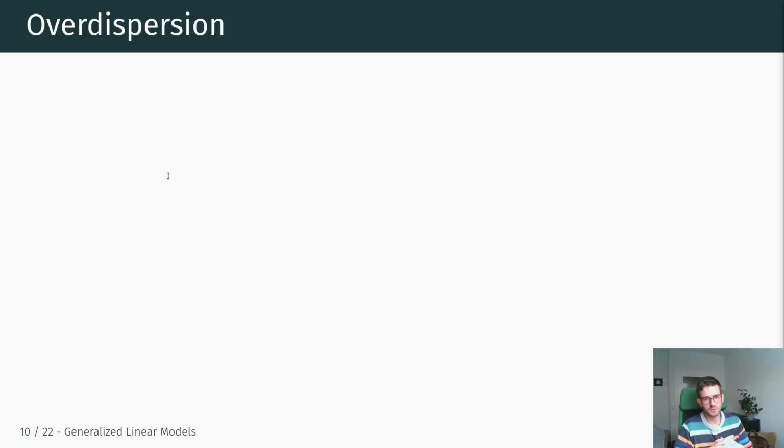So this implies that the Poisson distribution always assumes that the variance is equal to the expectation. This is a fairly restrictive assumption, and we might have cases where the variance is larger or smaller than the expectation.